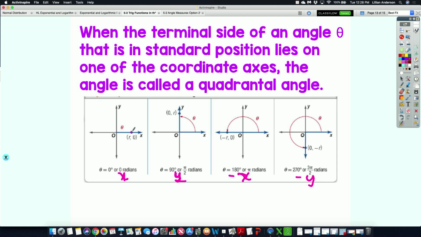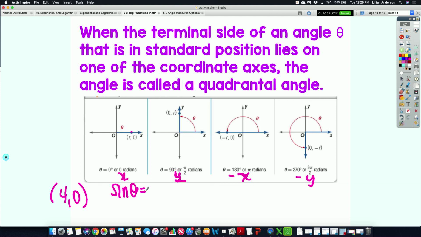Okay? So if you're given the ordered pair (4, 0) and you're asked to find the 6 trig functions of (4, 0), you can't make a triangle here, but you can find the 6 trig ratios. Sine is x over r.